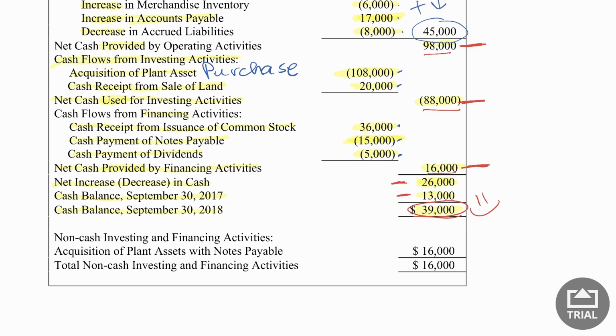So we got plant assets, and $16,000 of that was by issuing a note. So it didn't affect my cash right then. So that $16,000 is going to go down here in my little footnote. Acquisition of plant assets with notes payable, $16,000. And that was the only non-cash item that I had.